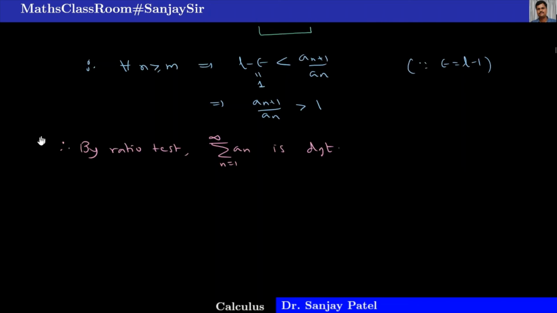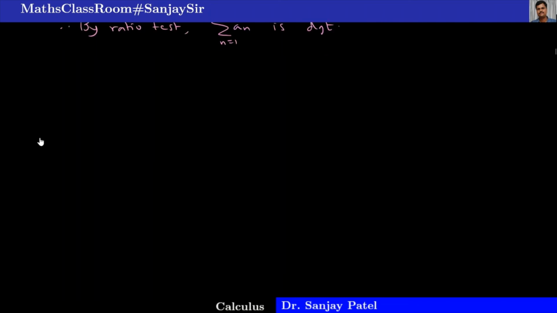Now the third part of this theorem, that is we want to show that the test fails for the case L is equal to 1.